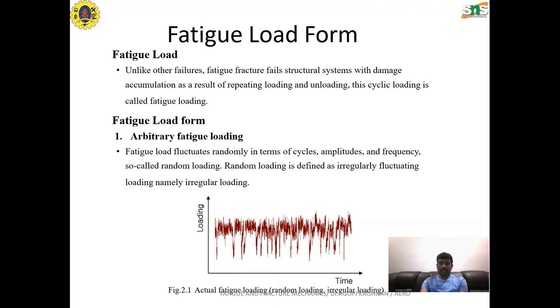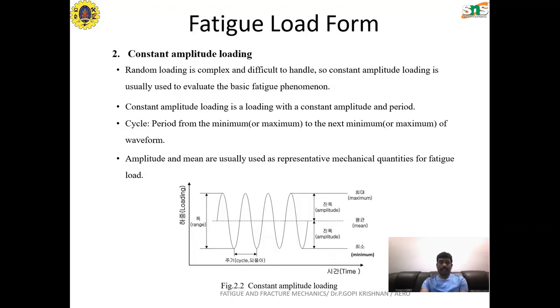Here there is fluctuation over the entire length of the loading plot, and these plots give a few concepts such as cycle, amplitude, and frequency. If the cycles are different, if the amplitudes are different, and if the frequency at every point is different, then this kind of loading can be called arbitrary fatigue loading.